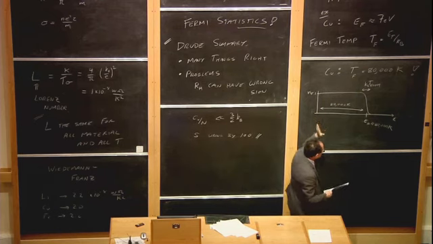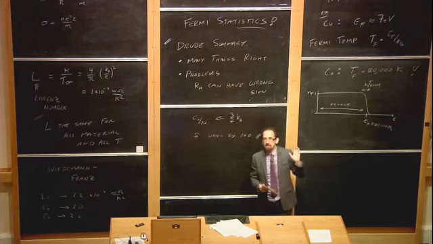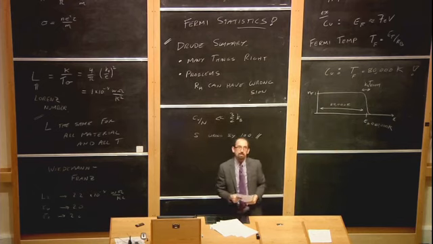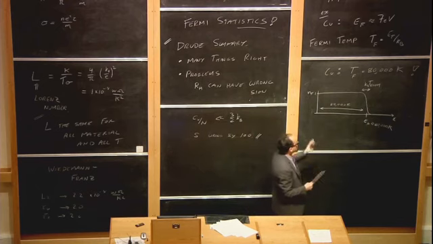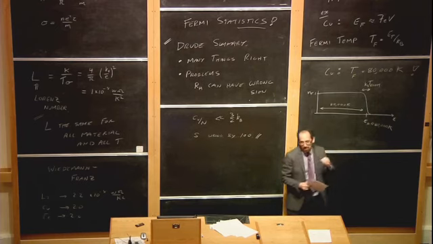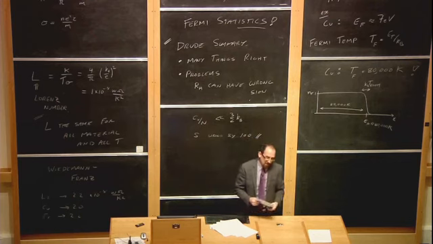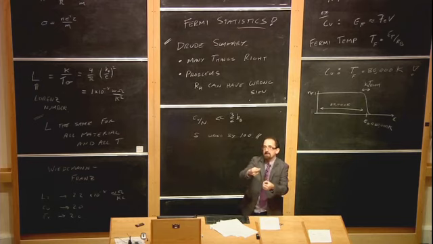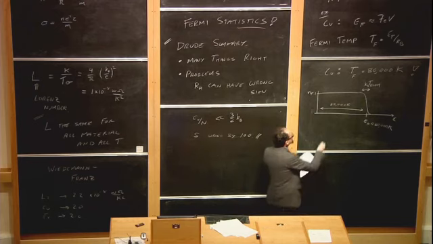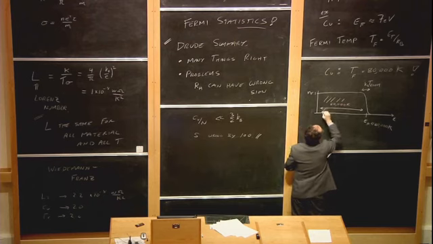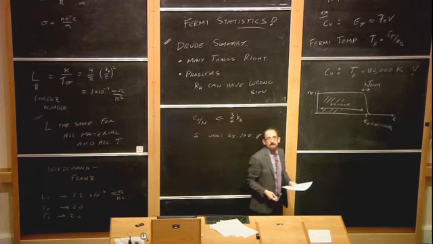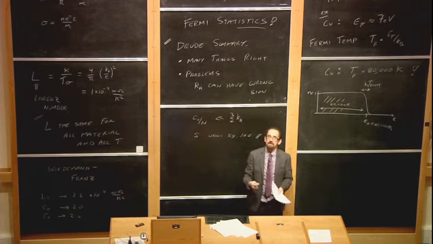And in fact, this picture already gives us a hint as to why the heat capacity of the metal is so low, so much lower than we would have guessed. In order to have heat capacity, you have to be able to absorb some energy. So you imagine an electron in some eigenstate that absorbs some energy and jumps up to a nearby eigenstate with a little more energy. Well, all of these electrons down here can't absorb any energy because all of the eigenstates near them are already filled.